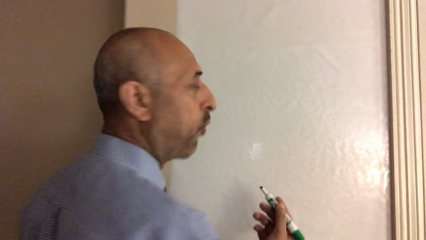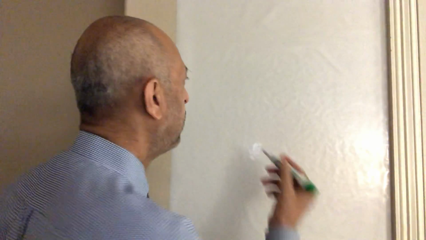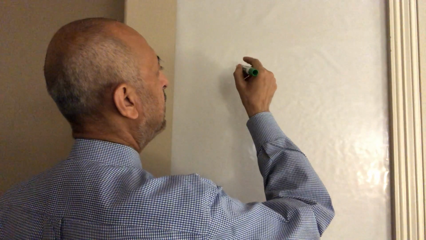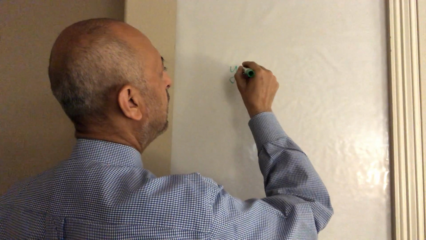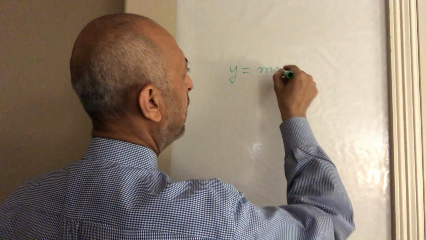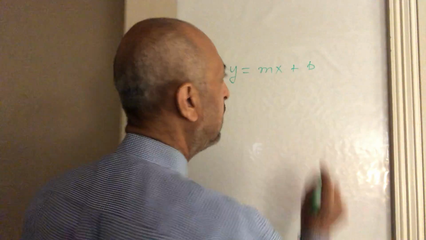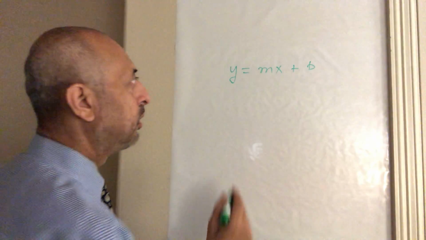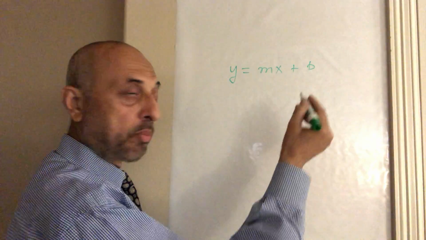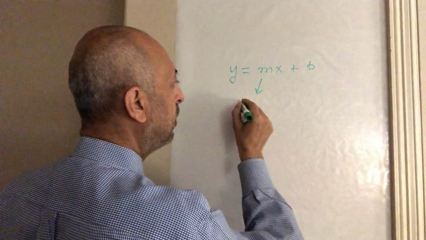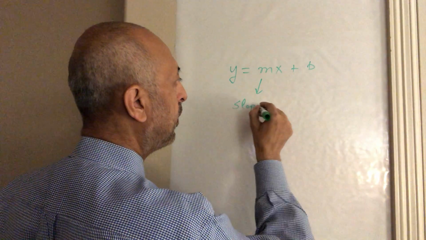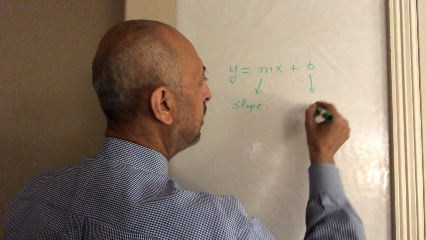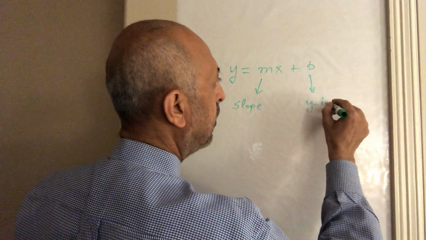The slope-intercept form, as we know, is represented in the form y equals mx plus b, and the reason it is called the slope-intercept form is because in y equals mx plus b, m is the slope and b is the y-intercept.